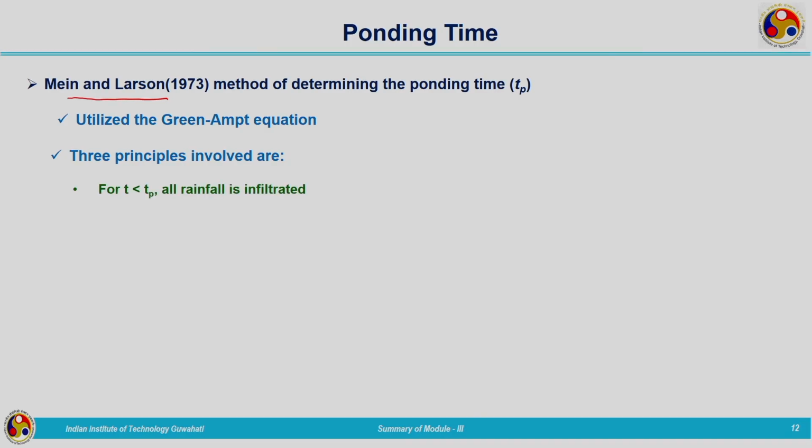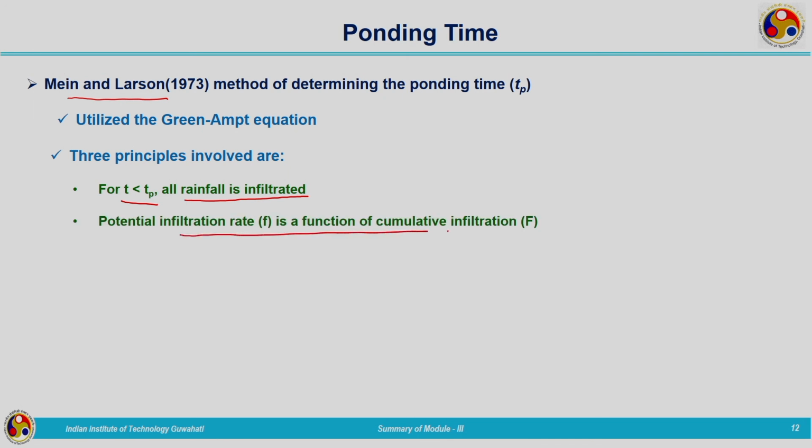That particular equation is used and three principles were considered. When time is less than ponding time, the entire water is infiltrated. Potential infiltration rate is a function of cumulative infiltration, which we have seen in the case of infiltration rate and cumulative infiltration expressions given by Green-Ampt.